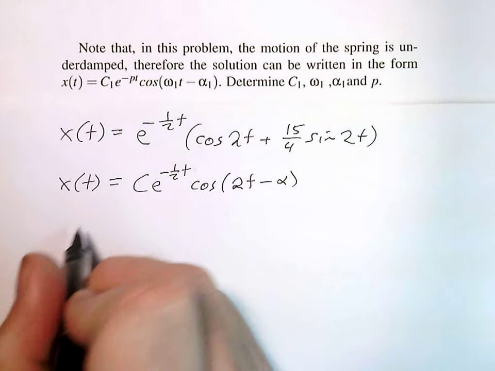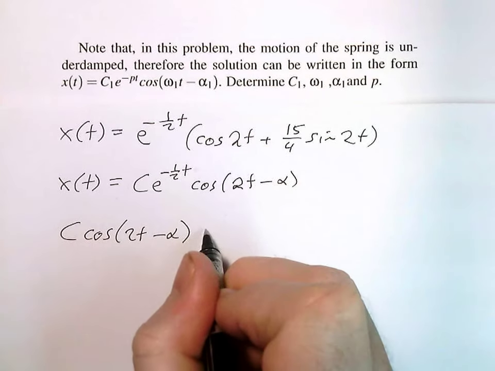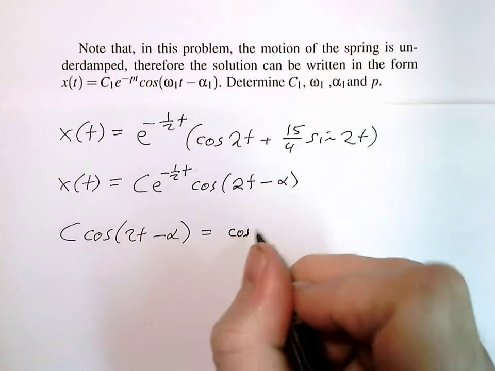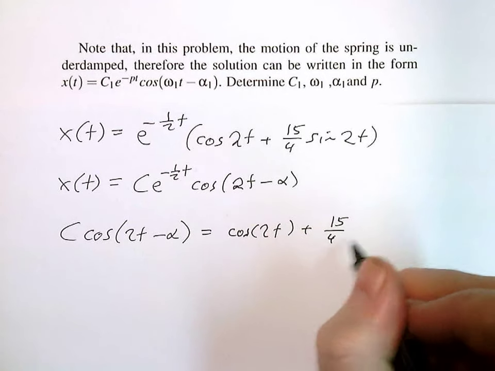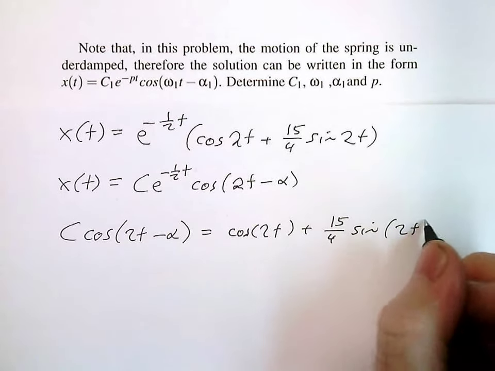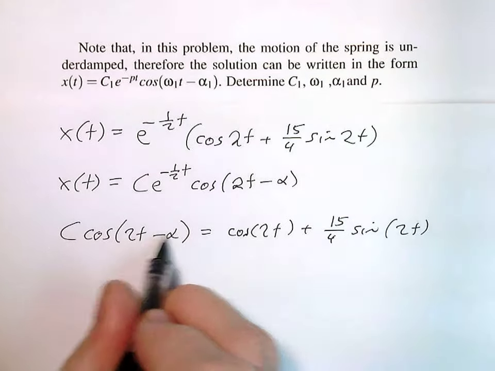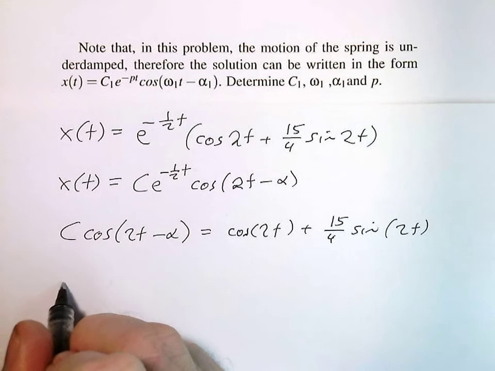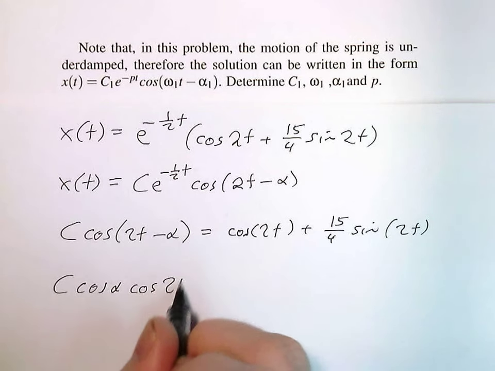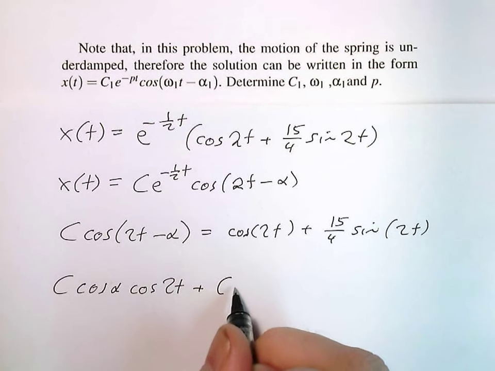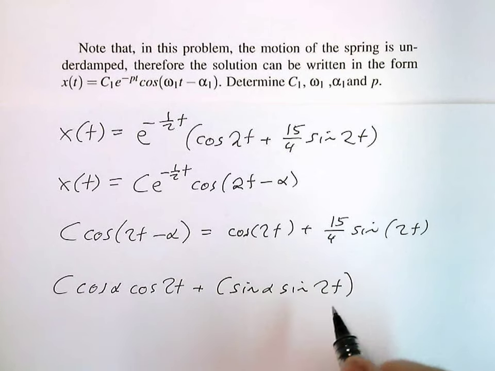We're going to want that our c cosine of 2t minus alpha is a cosine of 2t plus 15 over 4 sine of 2t. But this side here, by the difference in angle formula for cosine, is going to be c cosine alpha cosine of 2t plus c sine alpha sine of 2t.